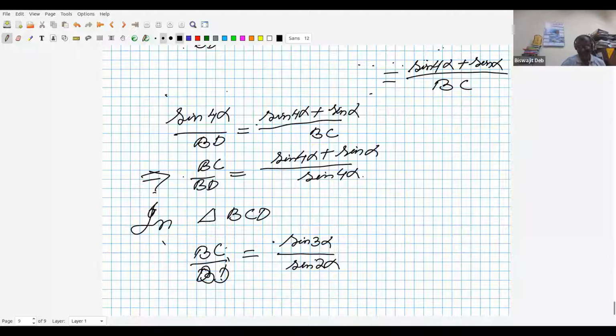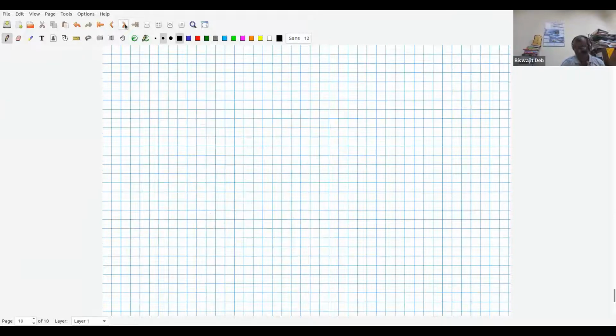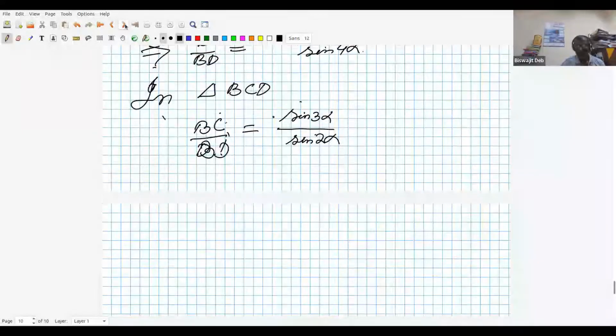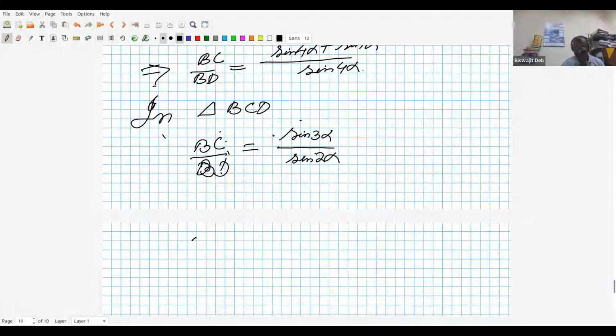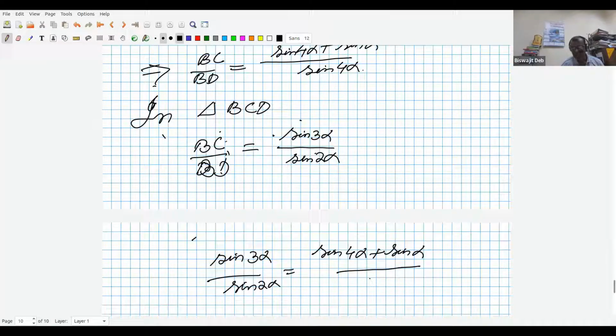So if I combine these two, therefore both are equal to BC by BD. So we are getting sine 3 alpha by sine 2 alpha is equal to sine 4 alpha plus sine alpha divided by sine 4 alpha.